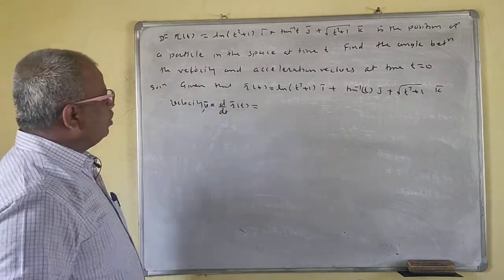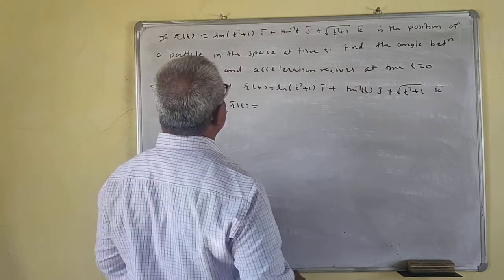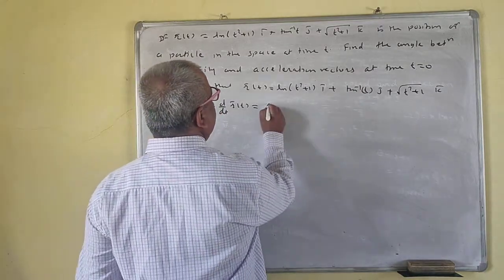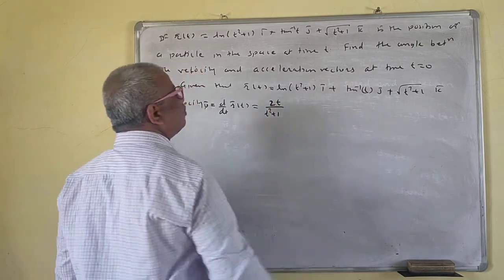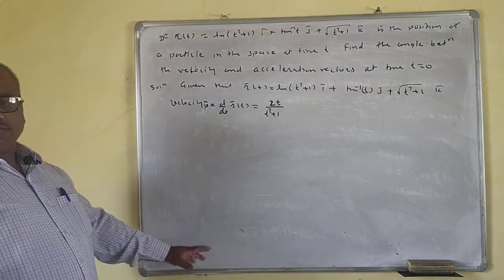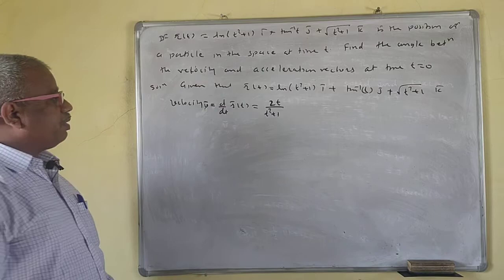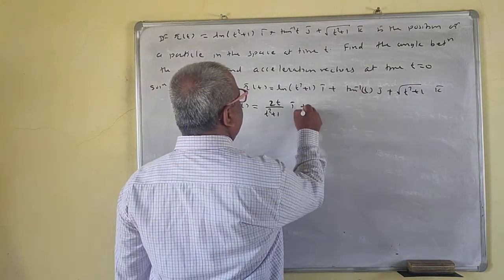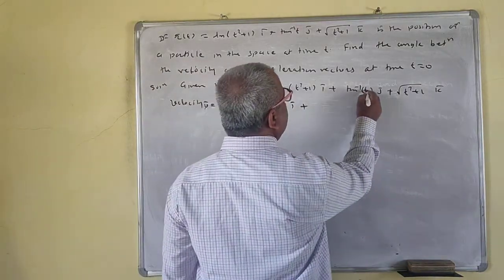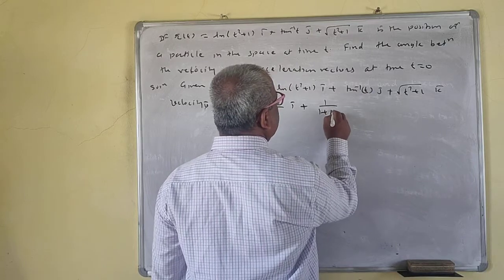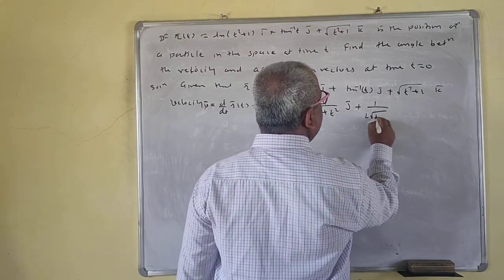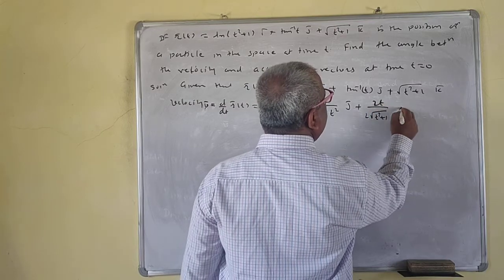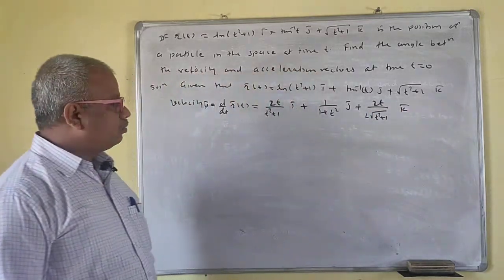We differentiate: 1 upon t square plus 1 into 2t i bar, since log of something gives 1 upon something into the derivative of something, plus 1 upon 1 plus t square j bar plus 1 upon 2 root of t square plus 1 into 2t k bar.